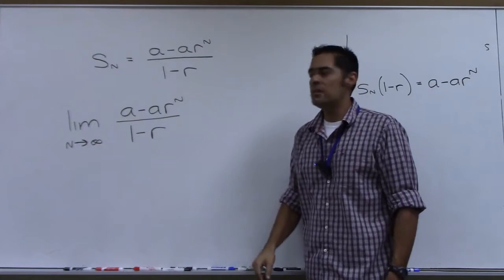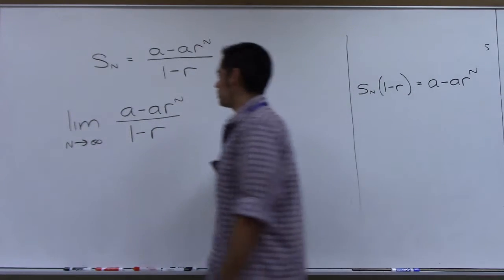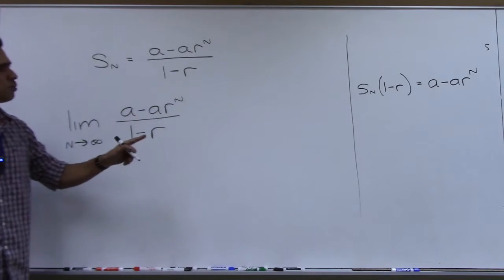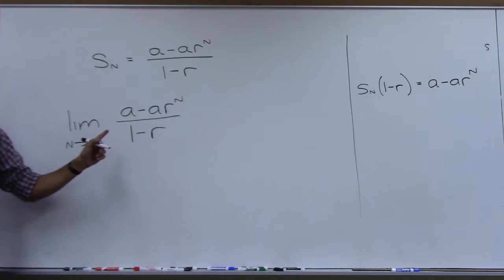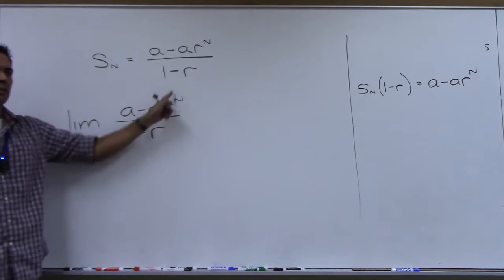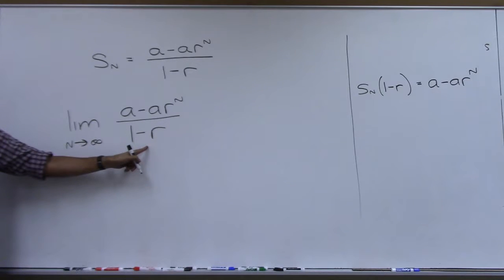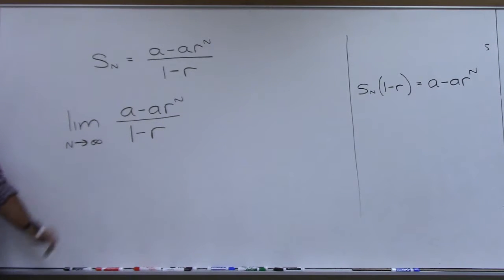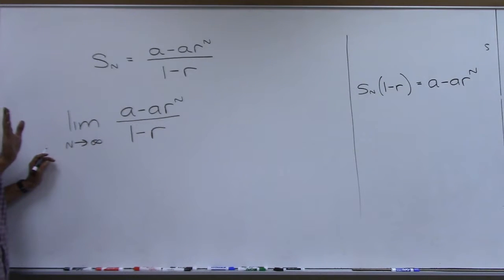Like if r is 1, then what happens? If r is 1, you get 0, don't you? Wouldn't this just be 0? But then on the bottom it would also be 0. Oh, okay. Let's not let r be 1 then, huh?